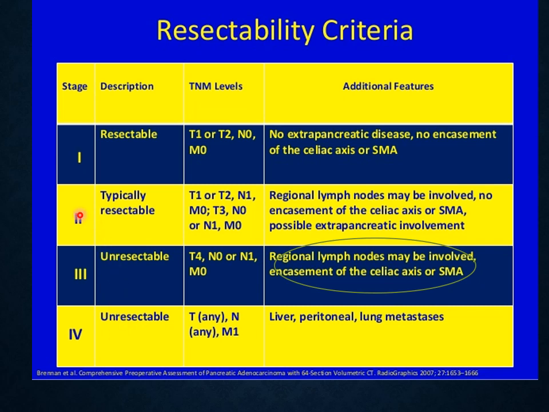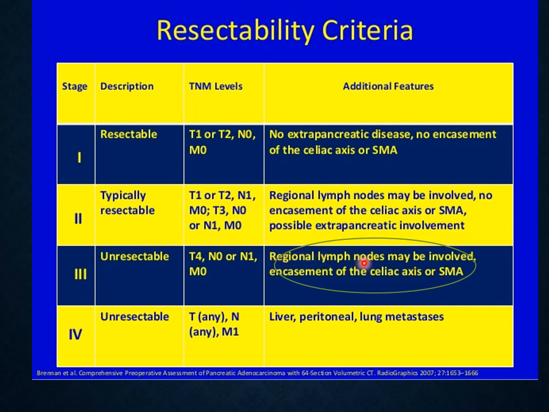Now, stage 2 is considered typically resectable. In these patients the regional lymph nodes may be involved, but there's no encasement of the celiac axis or SMA, and if there's no possibility of extrapancreatic involvement, then it is resectable. Whereas in stage 3, the tumor is T4, nodal status negative or N1, and metastasis negative.